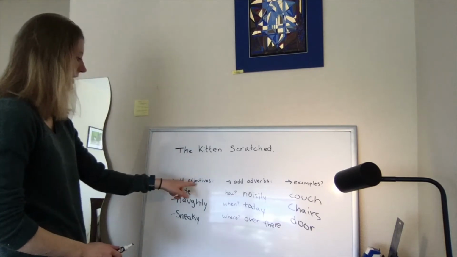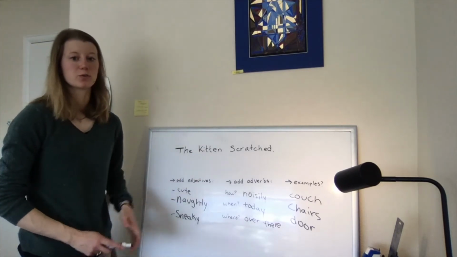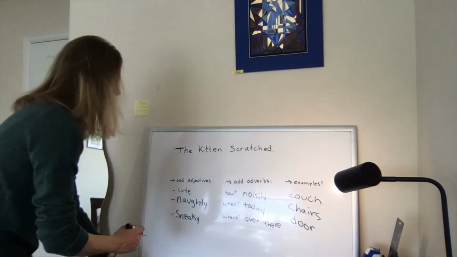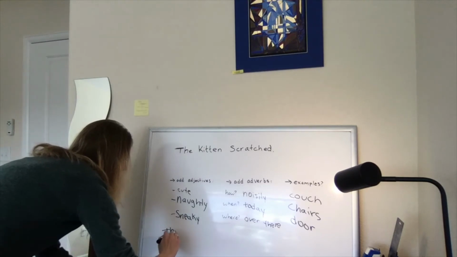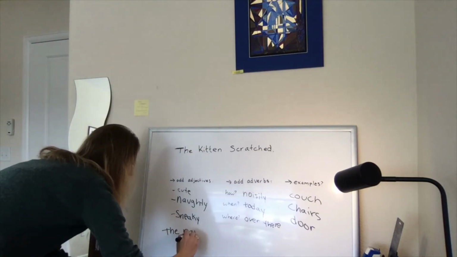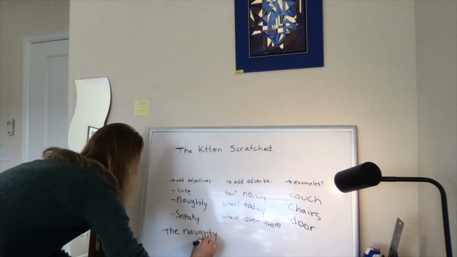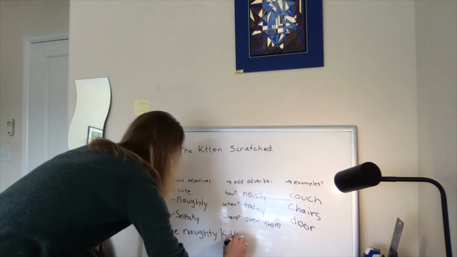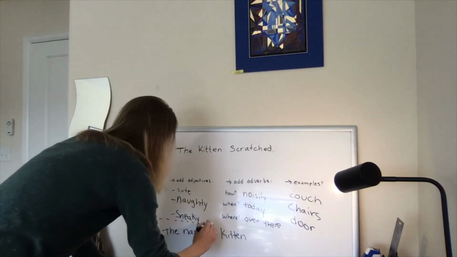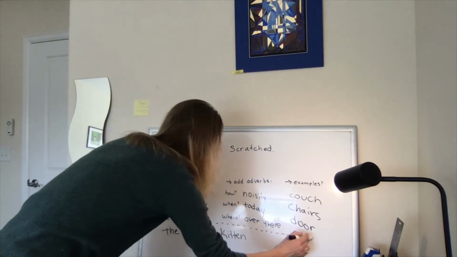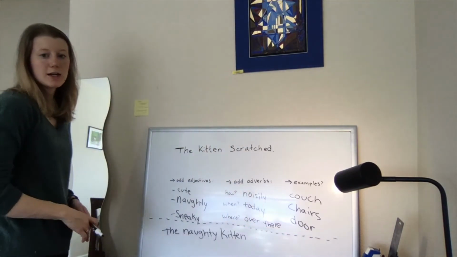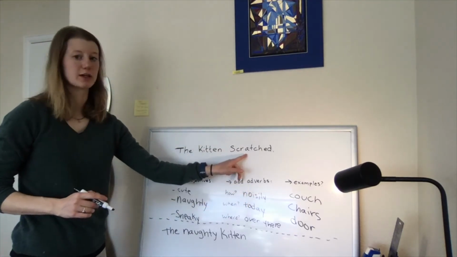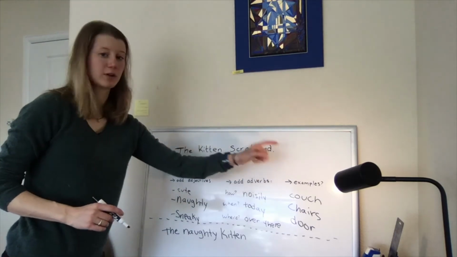So remember, adjectives are describing the kitten, so we want to put those before the word kitten, okay? So I'm going to write it down here. I'm going to say, the naughty kitten. Maybe let's add a line here so we can see our sentence. The naughty kitten, and when we add an adverb that's describing the verb, usually we put it after the verb.